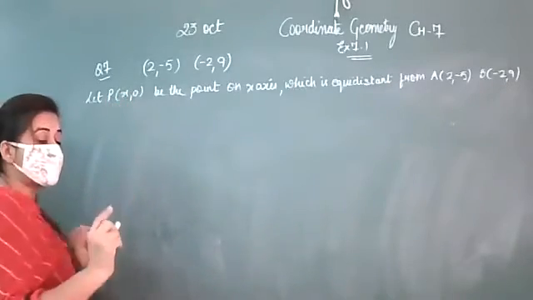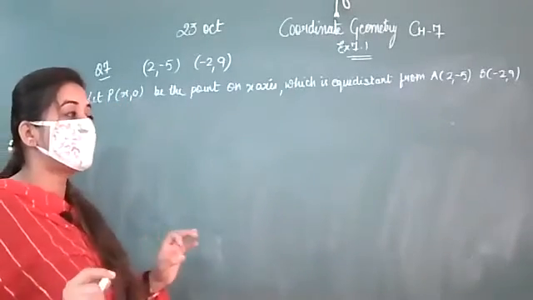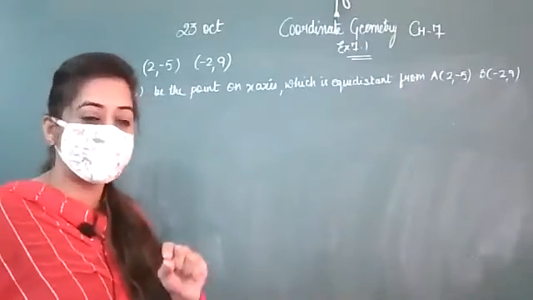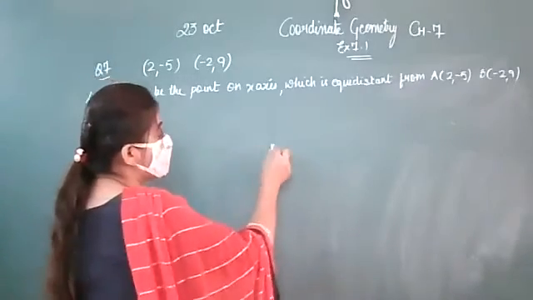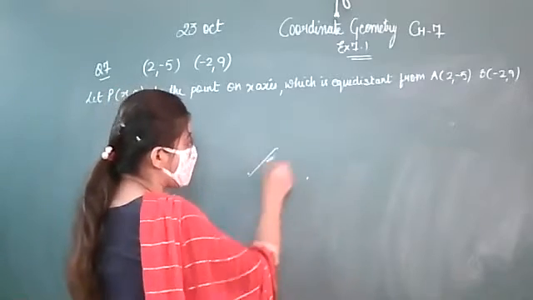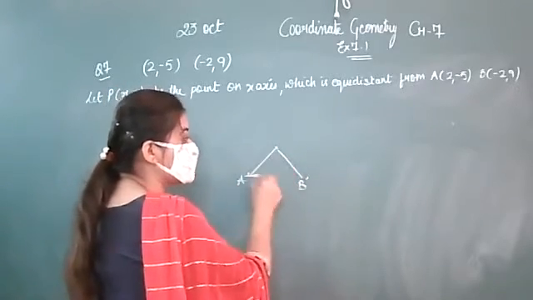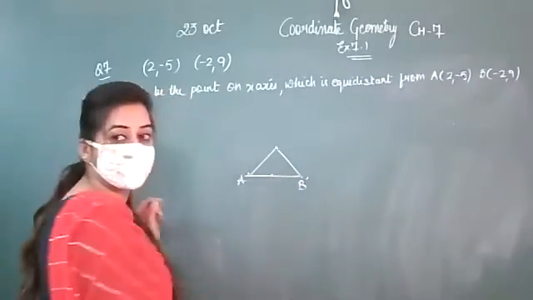Now, I'm going to tell you one important concept here. Whenever the question comes in the exam, many of the students make one mistake. बच्चे क्या कहते हैं कि ये जो पॉइंट है इसका डिस्टेंस A और B से सेम है, का मतलब क्या है, ये P पॉइंट को इसका मिड पॉइंट लेके चलने लग जाते हैं.